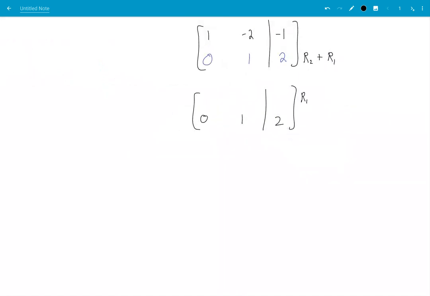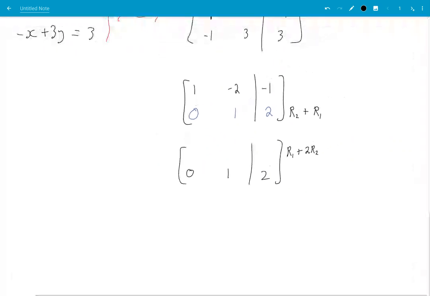So looking here, what do I get? 1 plus 0 is 1 still. Looking here, I get -2 plus 2, which is 0. And here, I get -1 plus 4 is 3.